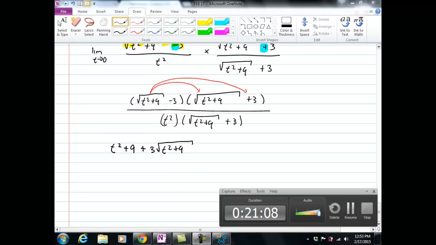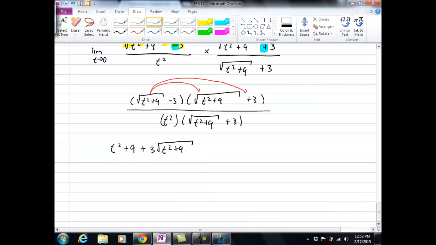So now, I'm going to expand out this second part, the blue part. It would be minus 3 square root of t squared plus 9, minus 9, all over t squared times the conjugate. Now, don't expand out the bottom part yet. I'm just going to leave it the way it is for now because you never know. Things can cancel out.